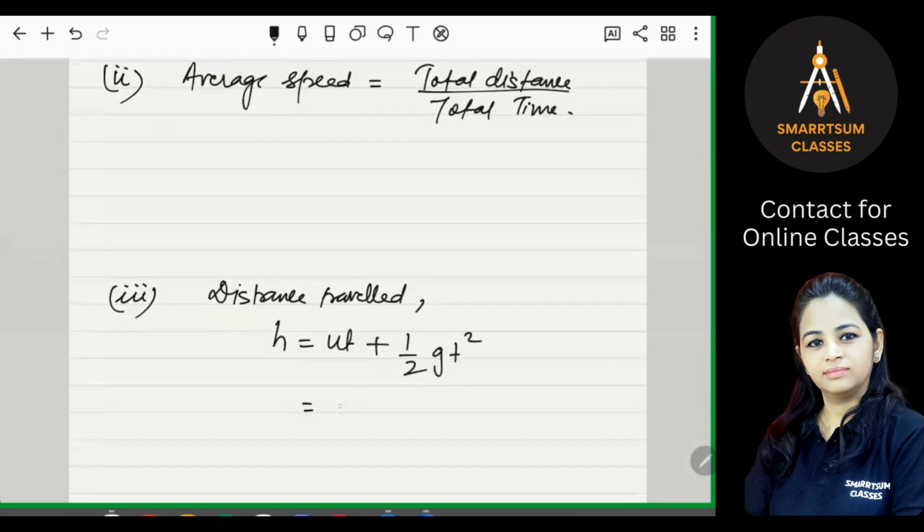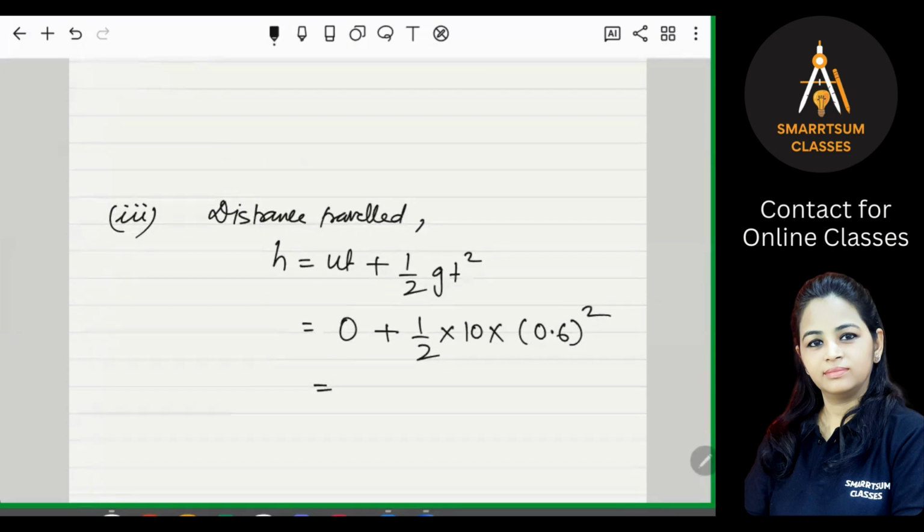Yes, ma'am. Okay, now u is 0, so u into t will be 0, plus half, the value of g is 10, into t, 0.6. So in this way we can find the height from where it is dropping. So this will be equal to 5 into 0.36, since 0.6 square is 0.36.